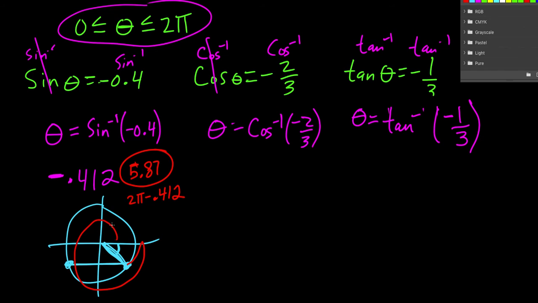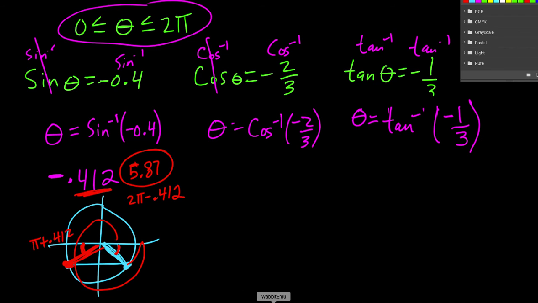Okay, now if we look at this diagram, the angle from here to here is the same as the angle from here to here, which is this thing. So if we just take pi and we add 0.412, we'll get the angle for that one.